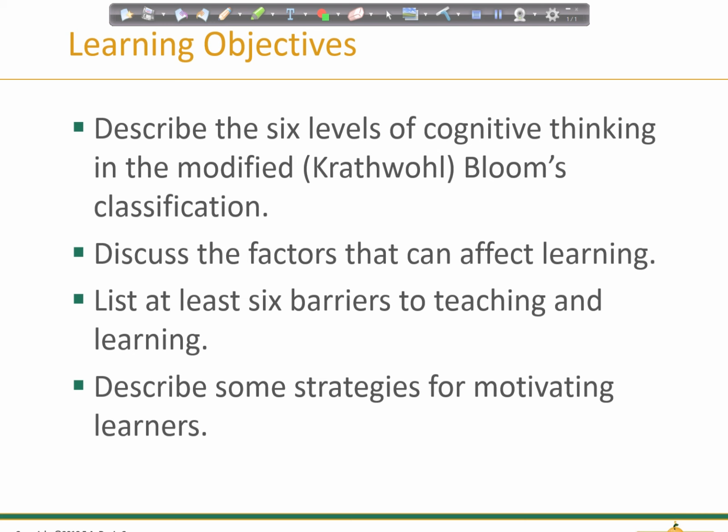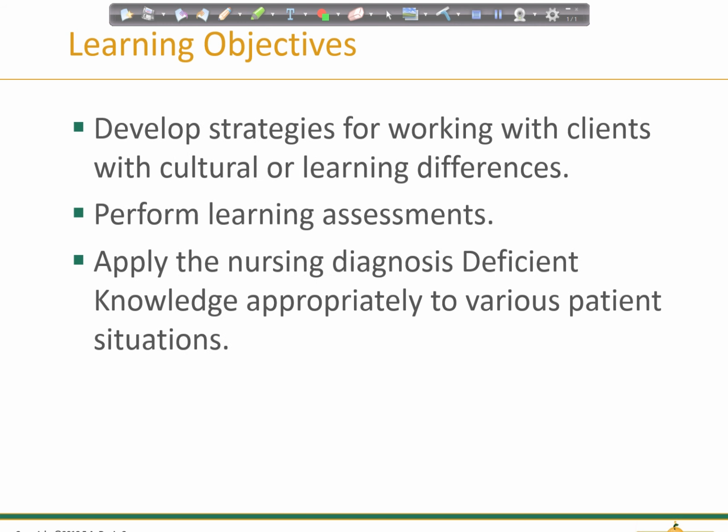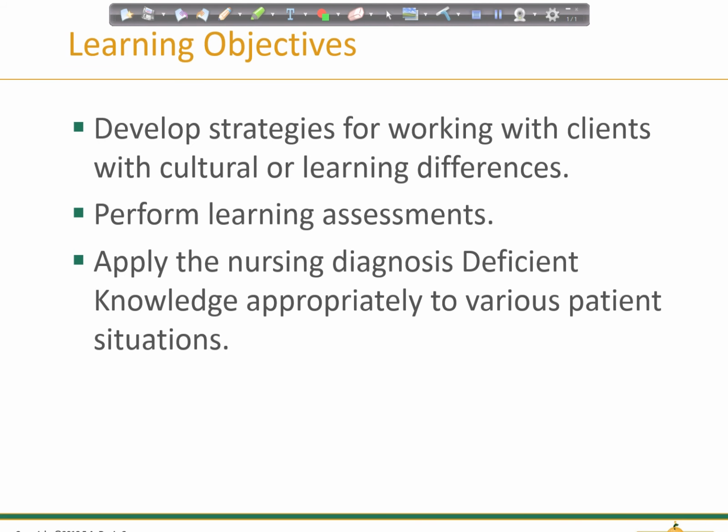We're going to describe the 6 levels of cognitive thinking, discuss the factors that can affect learning, 6 barriers to learning, some strategies for motivating learners, strategies for working with people of different cultures or learning differences, how to perform learning assessments, and how to apply the nursing diagnosis deficient knowledge to various people.